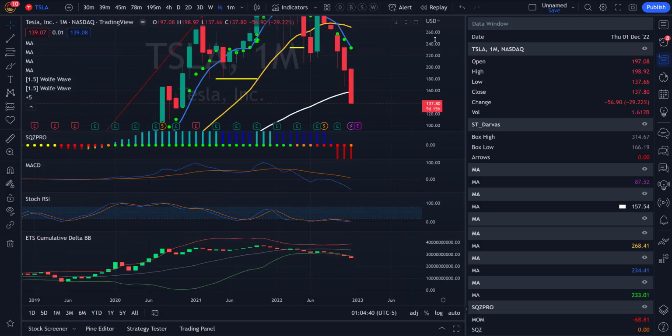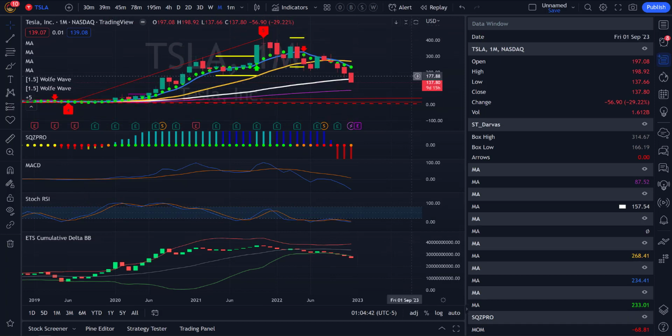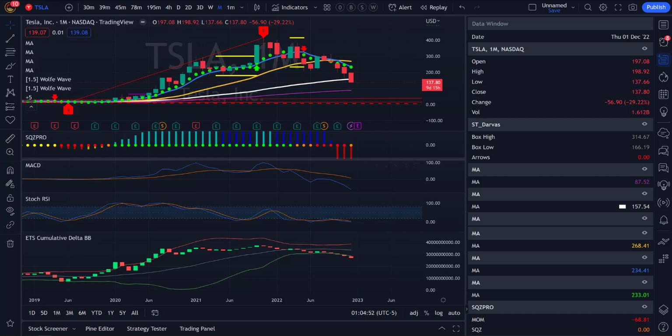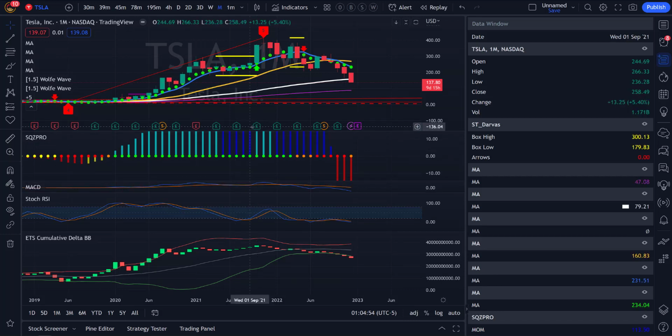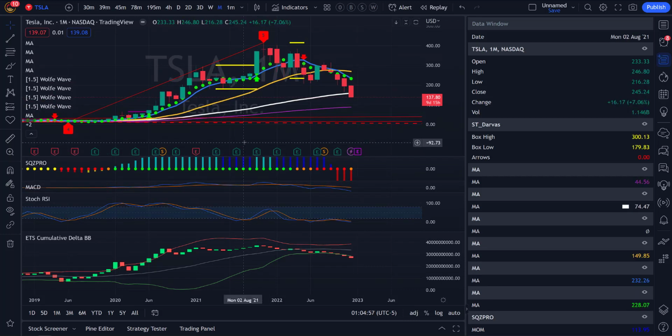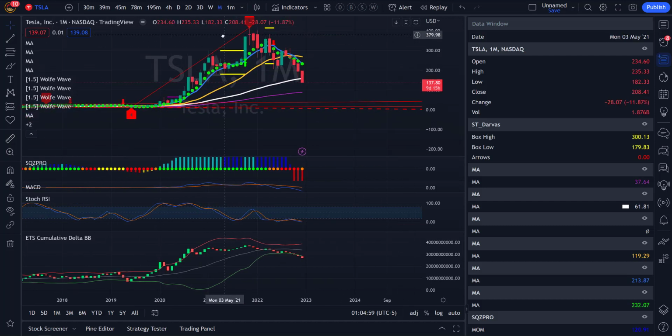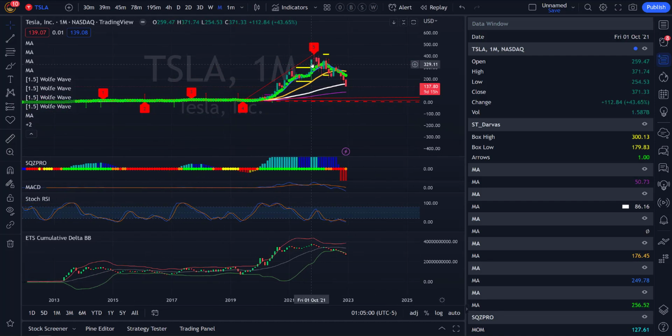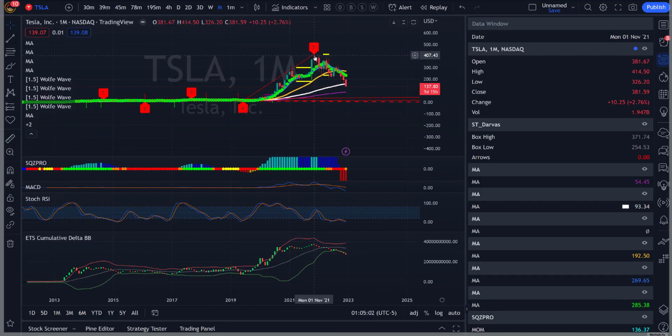If you look at the previous video, I showed the Wolf Wave monthly chart here, and it was picking up a pretty severe sell signal, or a bearish setup, back here in November.